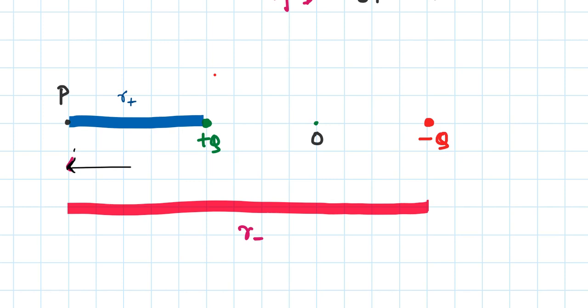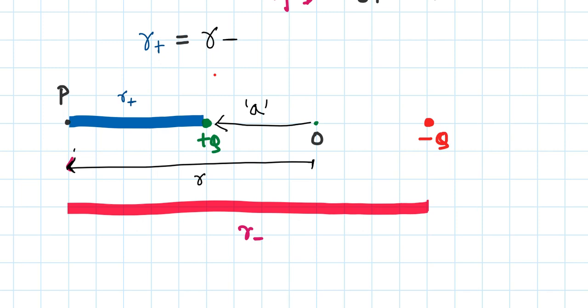The point P is at a distance R from O. Now the distance of plus Q from O is A. So you don't have to travel the entire R from plus Q. From plus Q, you can get rid of about A to reach P. So from this figure, anybody who is not confused will know that R plus in this case is R minus A.